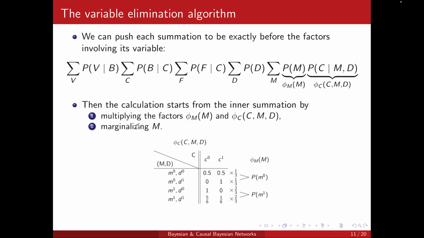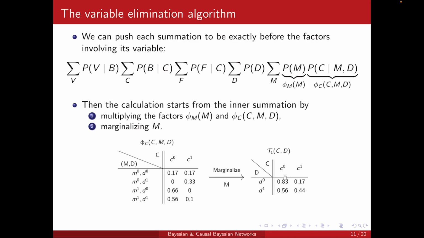If I do this, then I can marginalize M. That's basically what I'm doing in this first inner summation. Then I will end up with this table, which I denote by tau 1 of C and D, because it only depends on C and D; M is gone. And look at the shape of it.